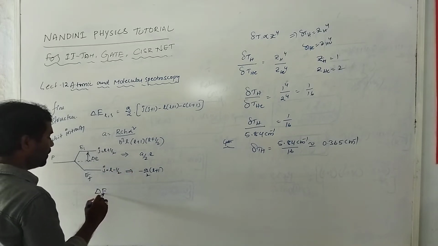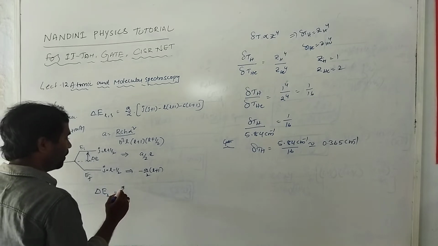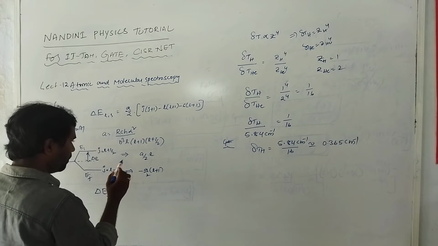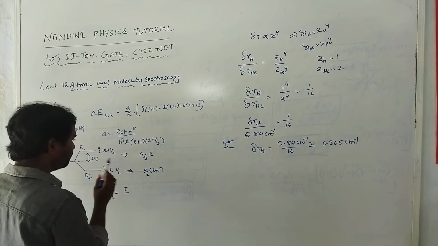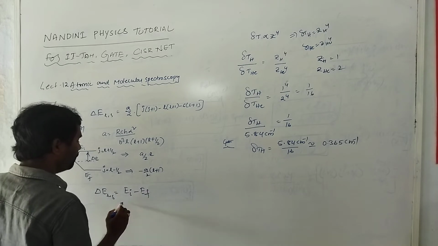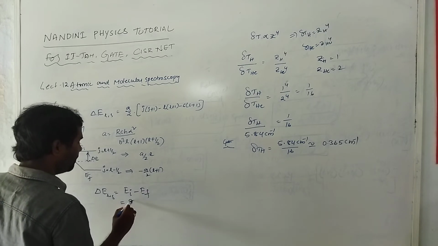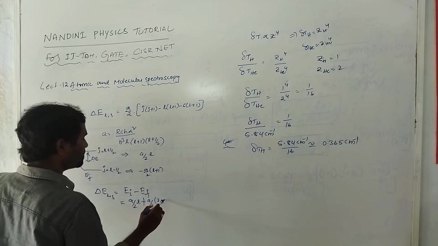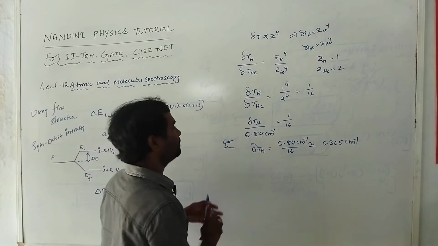So what is the energy shift right now? Delta E is equal to E initial minus E final. So you will get delta E_LS is A by 2 L minus minus A by 2 into L plus 1.